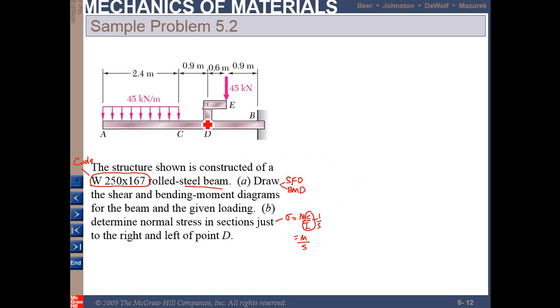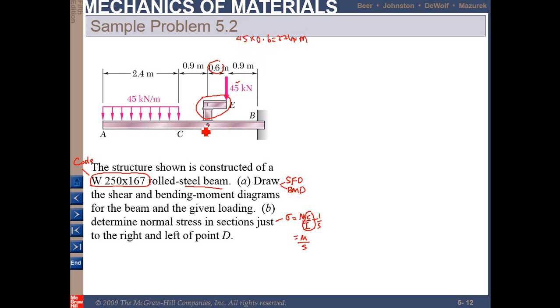Okay, so when you have a structure like this, you can see that this part is given a 45 kilonewton force at point E. When you have a peculiar structure like this, you transform this 45 kilonewton force to point D, replacing it at point D. If you transform it, this will cause a moment at point D. The value of the moment at point D for this 45 kilonewton force is 45 times 0.6, which is equal to 27 kilonewton meter.